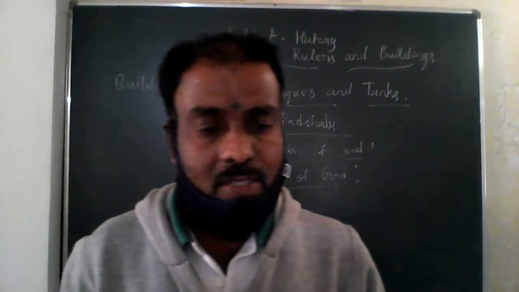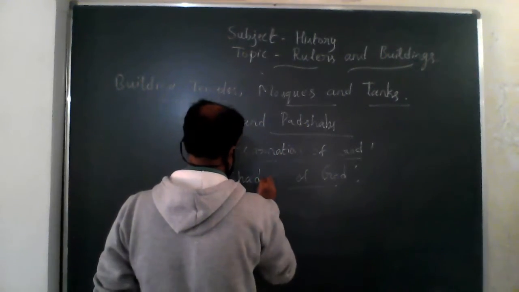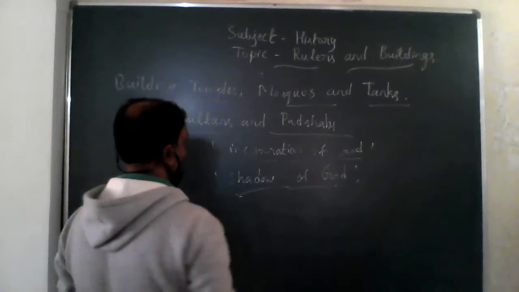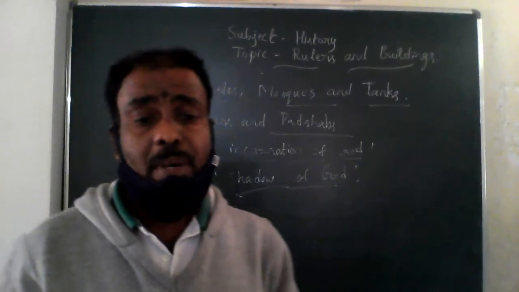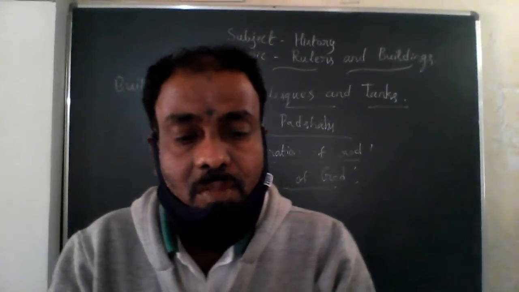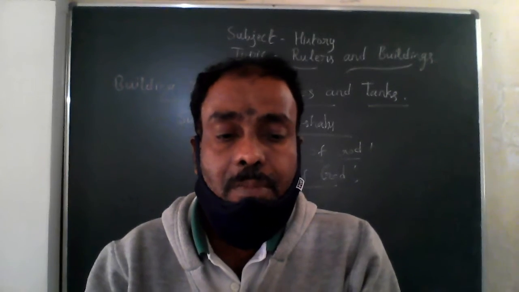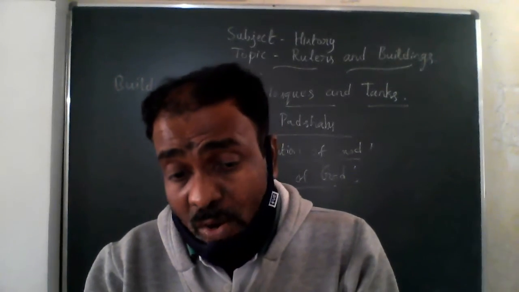Getting these, students? So actually, the Persian court chronicles described the Muslim sultans as the shadow of God.